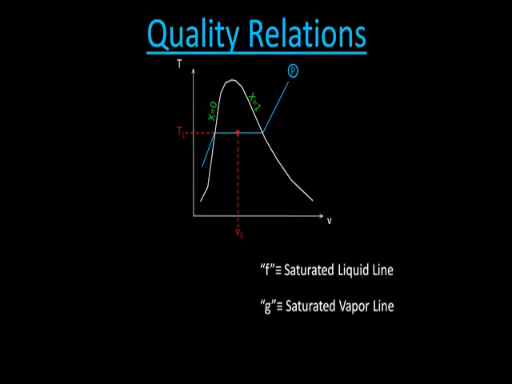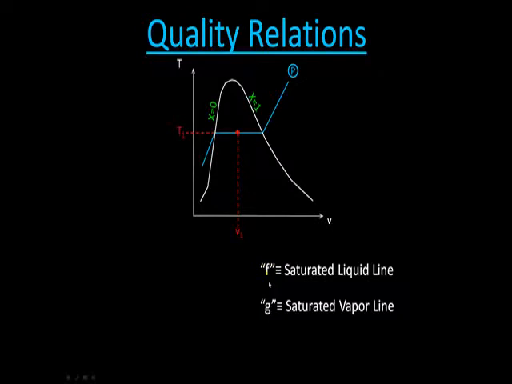In our steam tables, the subscript f is for the values you would find on the saturated liquid line, and the subscript g is for the values you'd find on the saturated vapor line. One way to remember this: f for fluid.